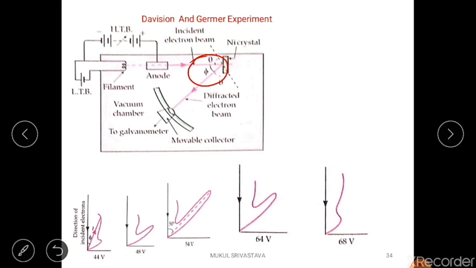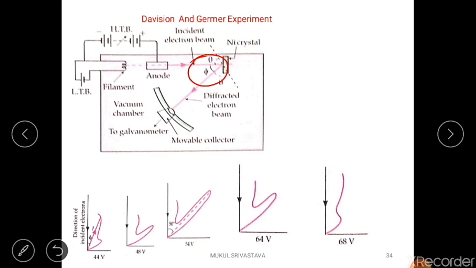Davisson and Germer performed this experiment for various potentials, varying between 44 volt to 68 volt, and they found that at 54 volt they get the maximum peak in the graph.